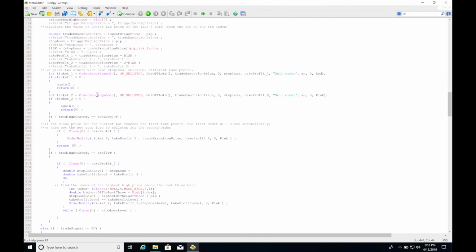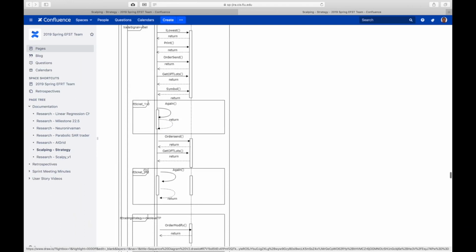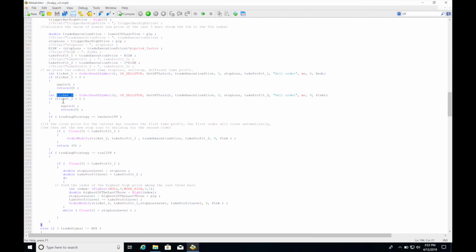Next we'll do the same thing for the take profit 2. We'll send another order again with the same values, except take profit 2 is going to be different based on the calculation that we did before, and we'll get the value into ticket 2. Again, we'll calculate ticket 2. If the value is less than 0, there was an error, then we'll try again and we'll return.